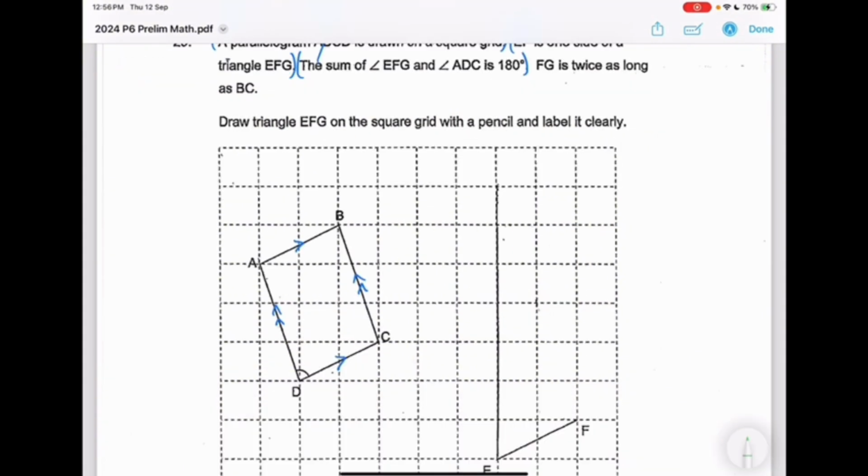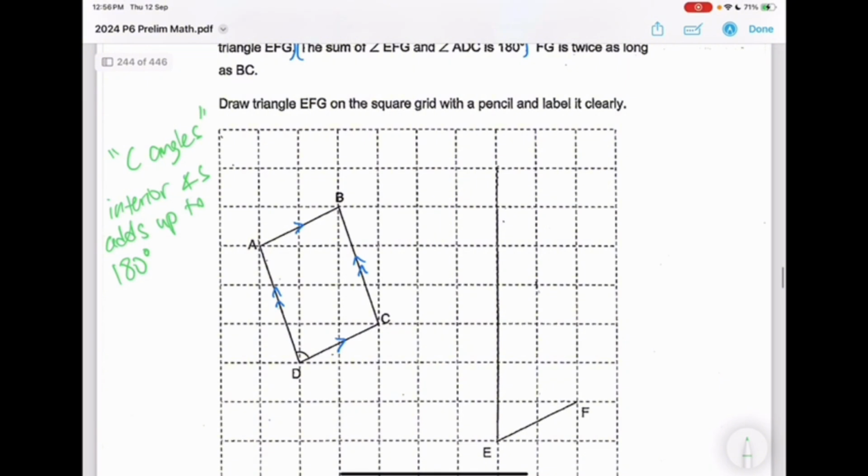Knowing that ABCD is a parallelogram, I want to use something I call C angles. Alright, C angles just tell me that interior angles add up to 180 degrees. Alright, and where is my C on this shape ABCD?